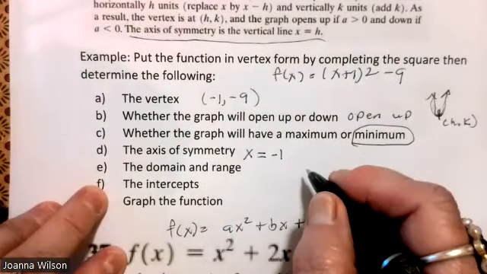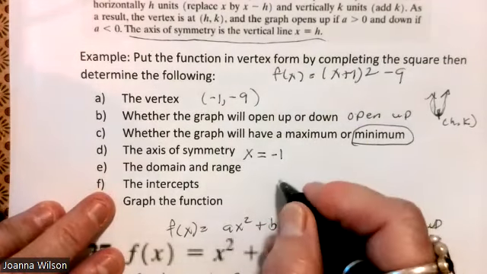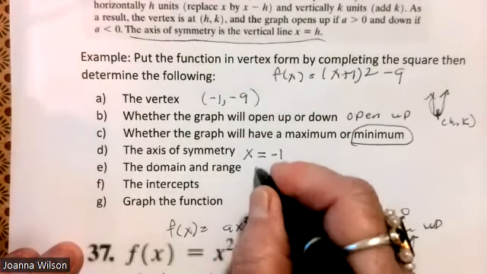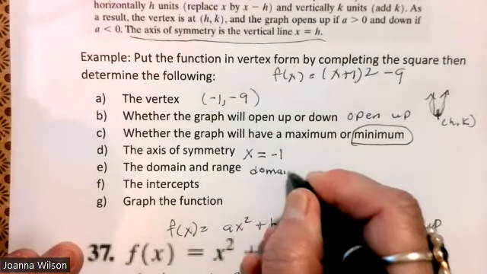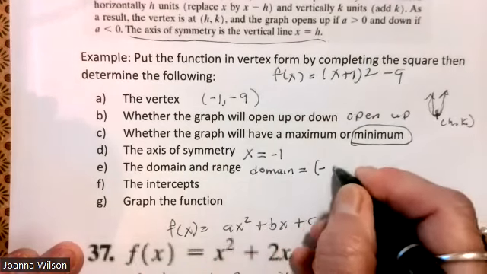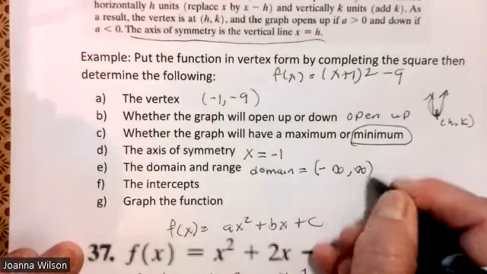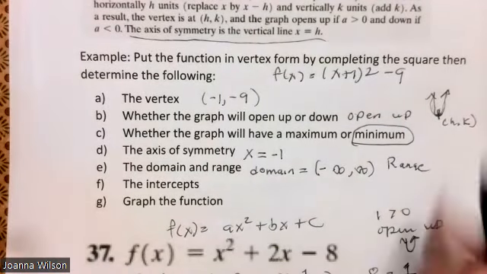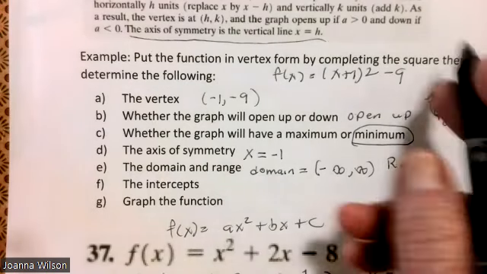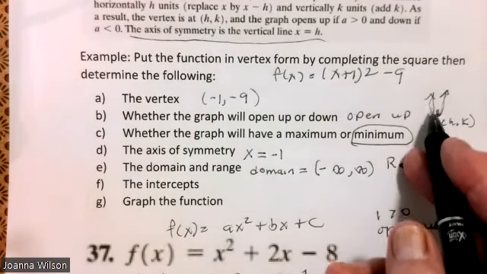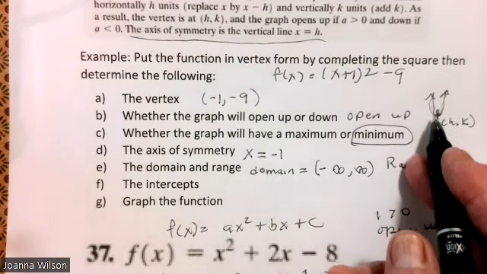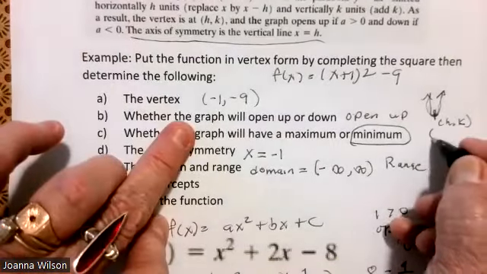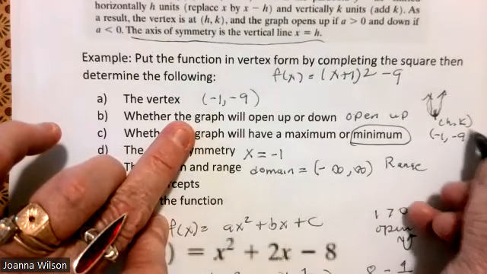And then the domain of any quadratic, unless somebody's restricted it, is just going to be all real numbers. So in interval notation, the domain is just from -infinity to infinity. But the range for a quadratic is not going to go all the way up and all the way down. Like in this one, it keeps going up, but it only goes down to this vertex. And that vertex, see, this point here is actually -1, -9.